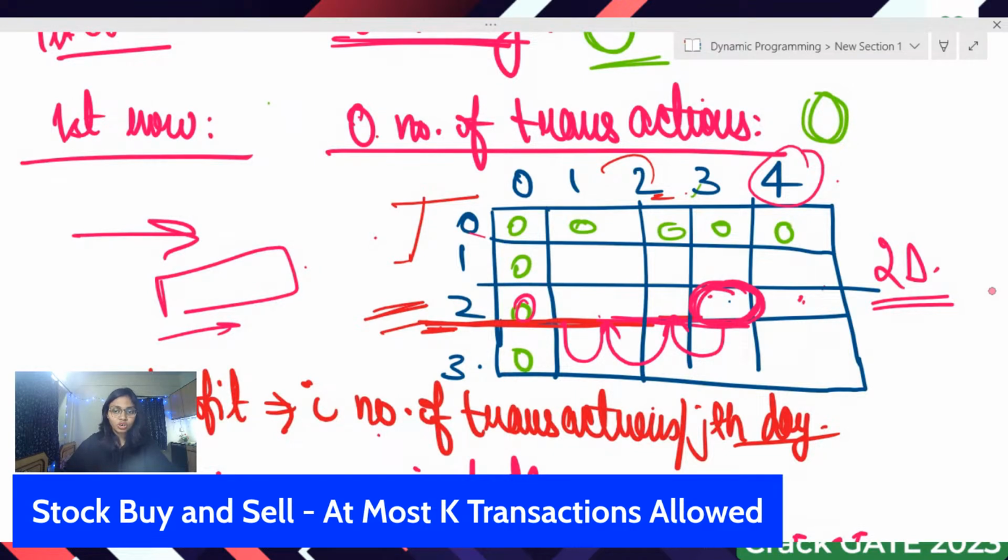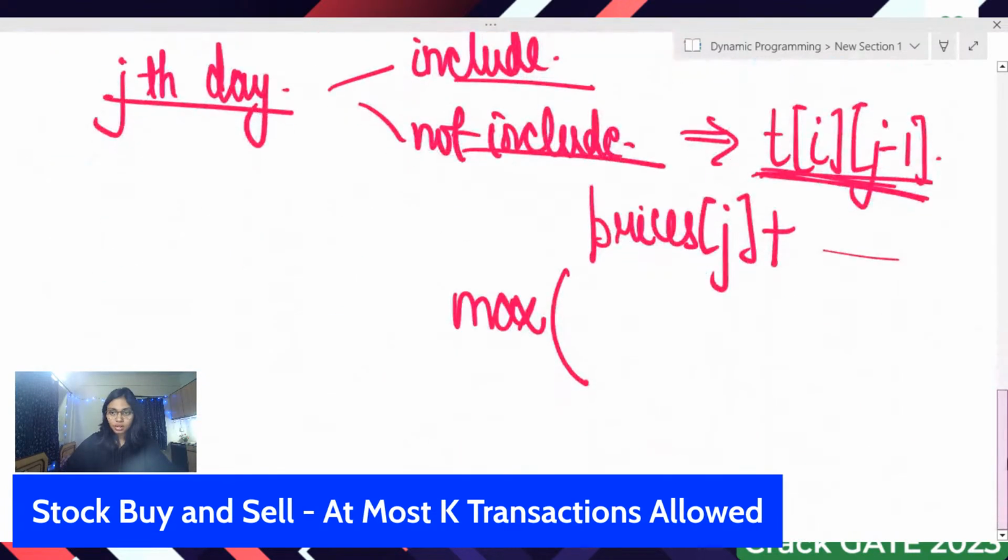We are doing the same thing that we did for that two stock problem. You just need to find out at which point you should buy the stock to maximize the profit, right? So how you will find it out, simply write down, you will add the price of J, plus it will be added to what? The maximum of when it is not included, right?